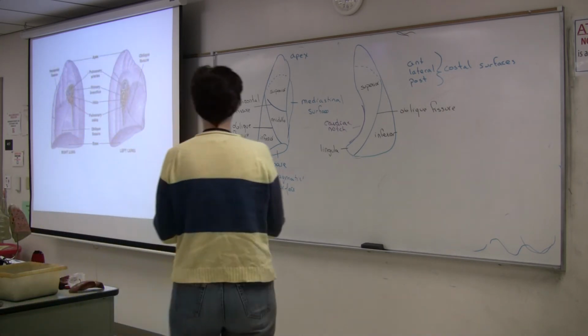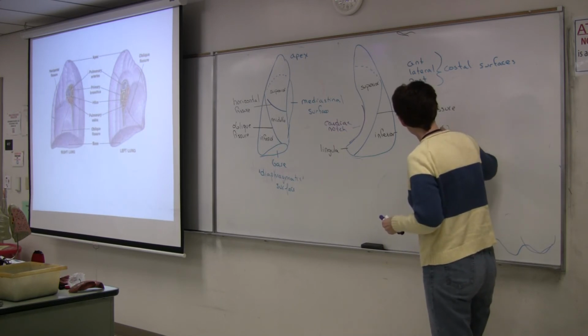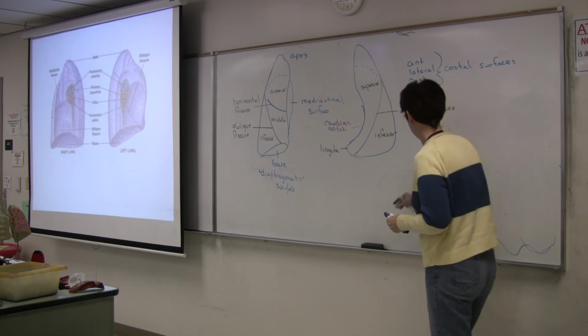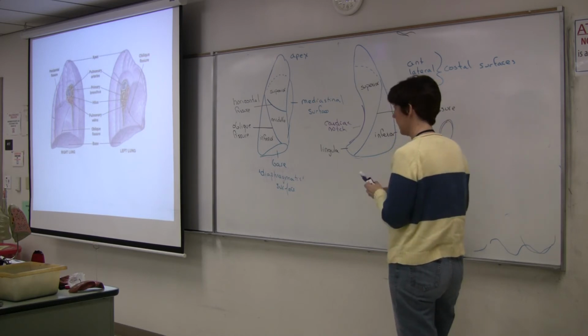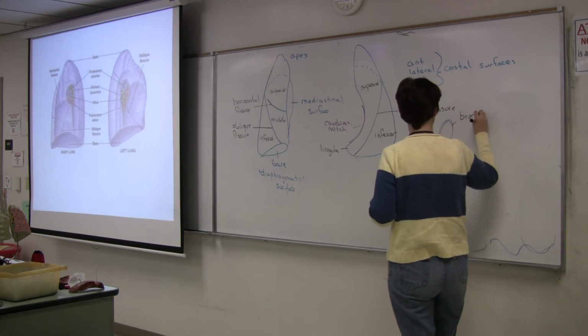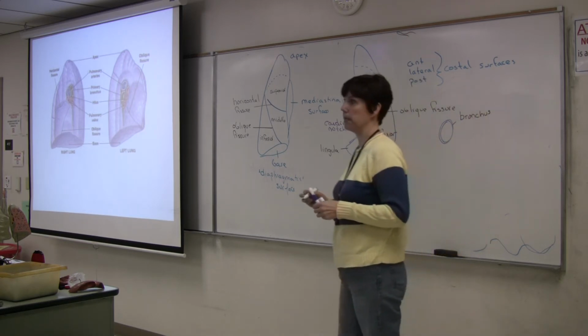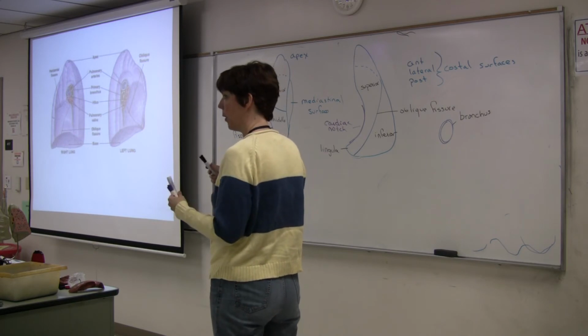Okay? So the airway on the right side is the bronchus. It may or may not have already divided into the 2 or 3. We'll just draw 1. Okay, so that's the bronchus. And in the right lung, the bronchus is superior and posterior.